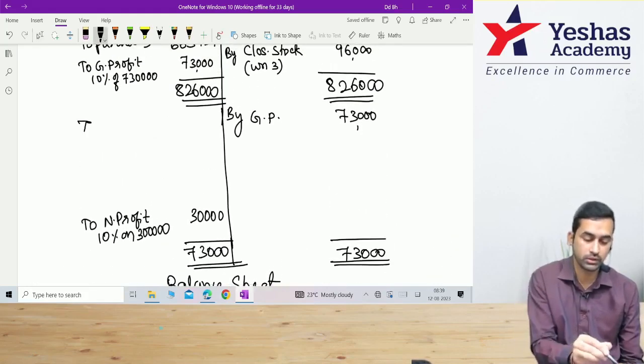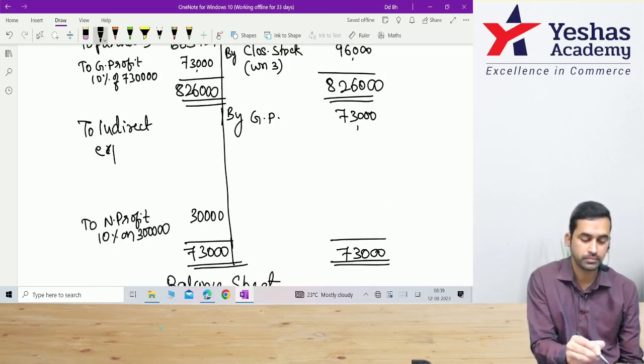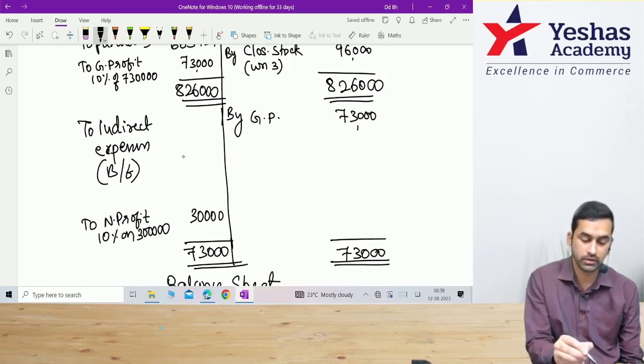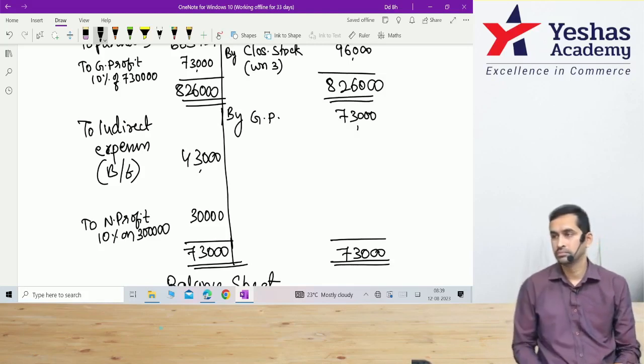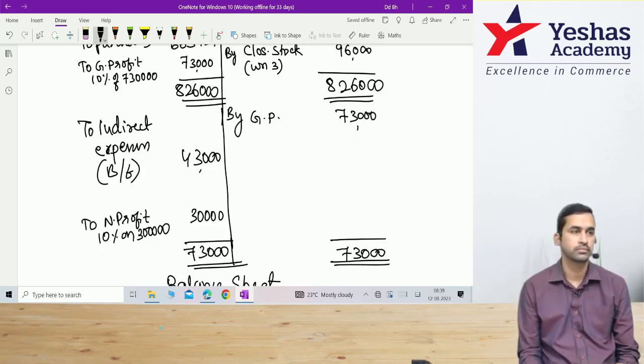Therefore, this 43,000 will be treated as indirect expenses, in bracket balancing figure, 43,000. Done. Perfect.